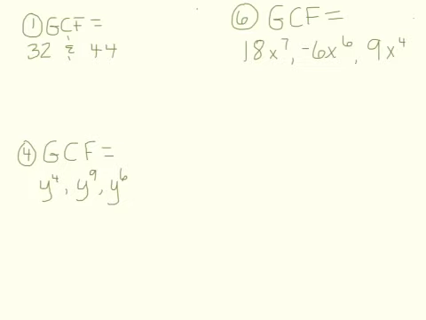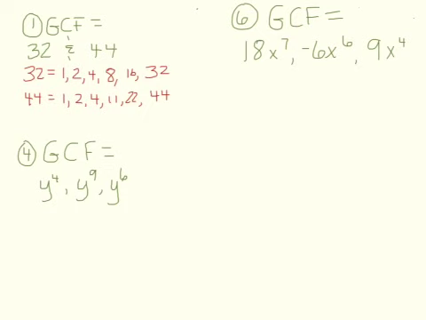So just as a review, like here on number 1, if we're trying to find the greatest common factor of 32 and 44, we'll first want to list all the factors of 32 and 44, and then find the greatest number that they both share. Now remember, a factor is the numbers that multiply together to be 32. So I'll list the factors out of both of these.